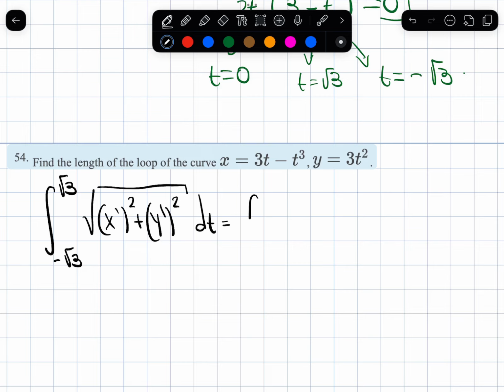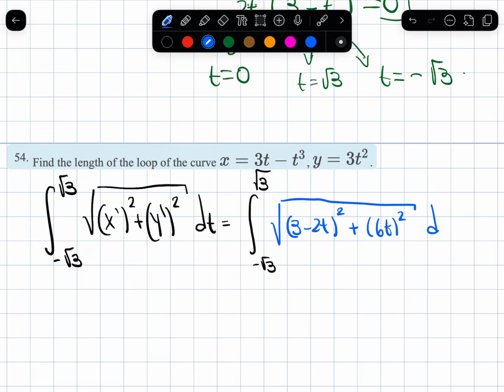So that will be the integral. Let me go back to blue now. This is 3 minus 2t, all of that squared, plus 6t squared dt, and that will be the integral from negative root 3 to root 3.